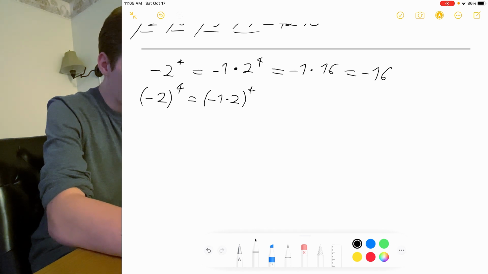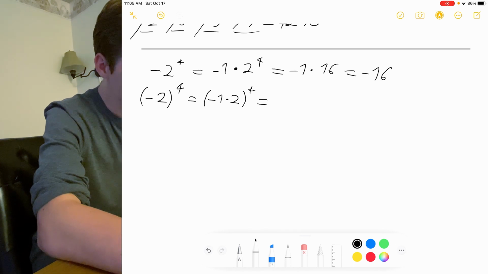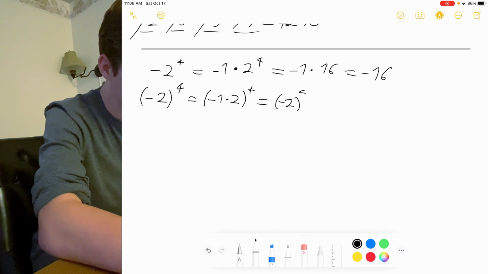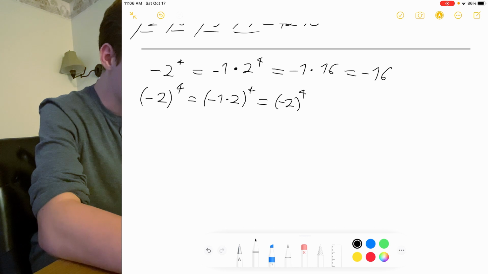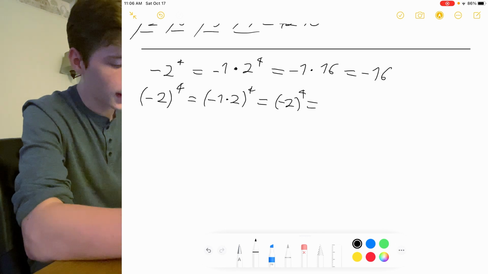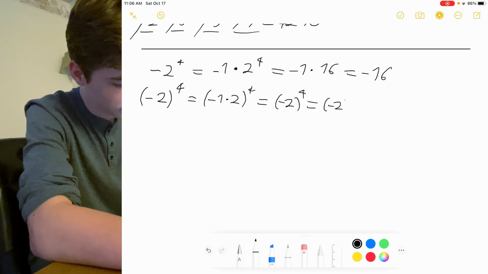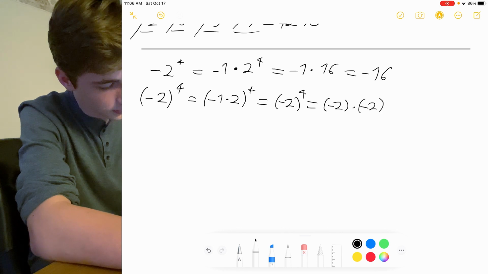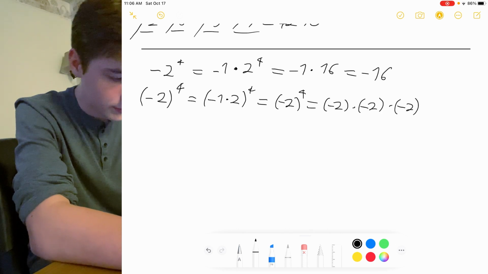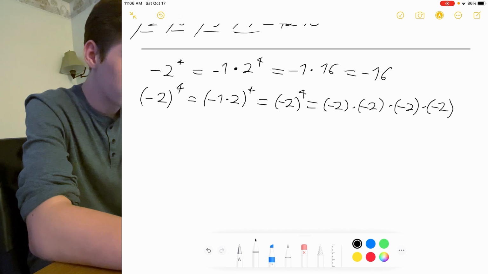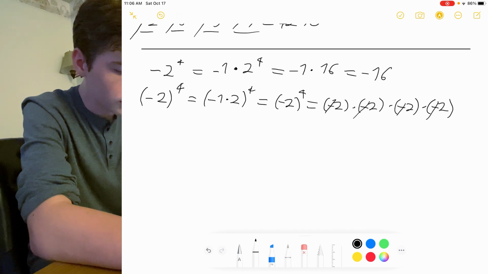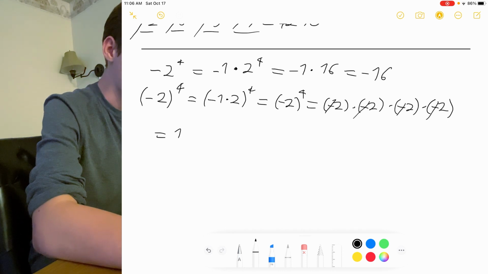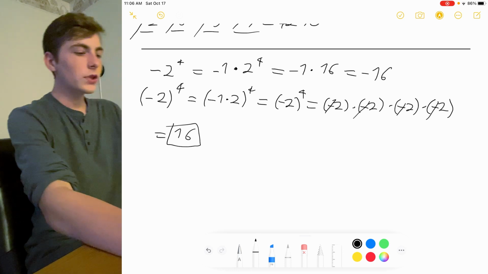And now the stuff in the parentheses happens first. So now it becomes a negative 2, which I know I totally just wrote that anyways. And now we're taking that whole thing to the 4th. So that's going to be negative 2 times negative 2 times negative 2 times negative 2. All these negatives are going to cancel each other out because they're in pairs. And so we're going to get positive 16, right?